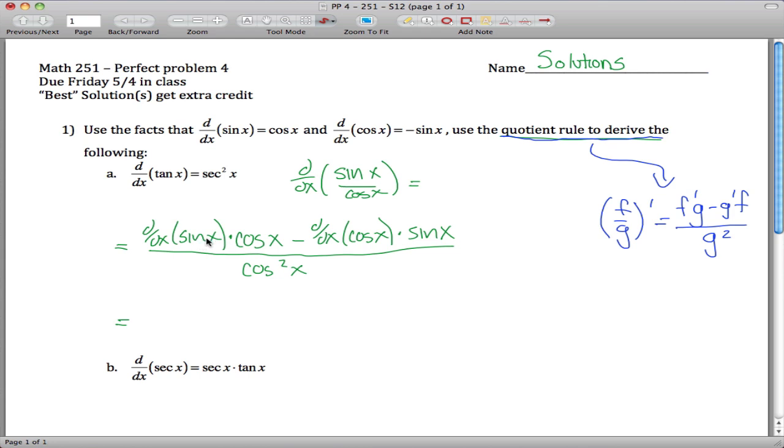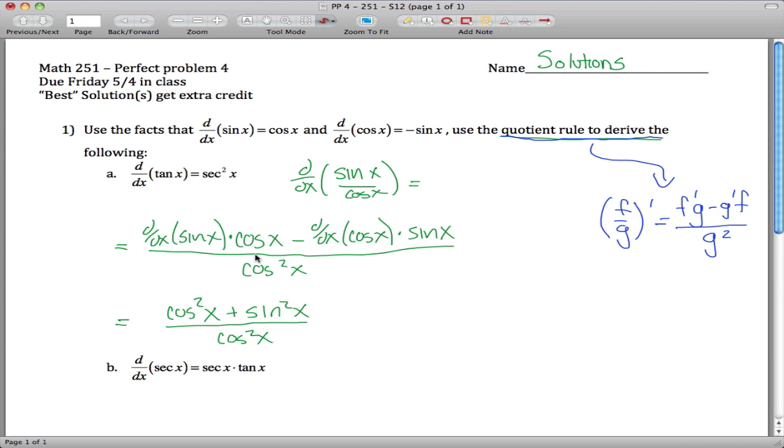But the derivative of sine is cosine, so cosine times cosine is cosine squared. And the derivative of cosine is negative sine, so minus negative sine squared is the same as plus sine squared, divided by cosine squared of x.